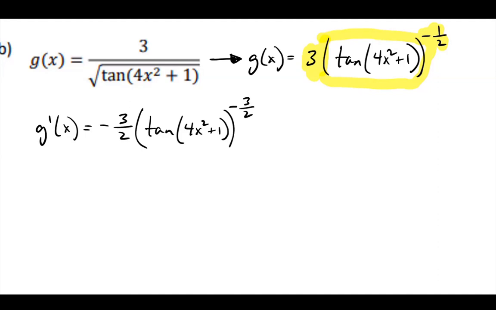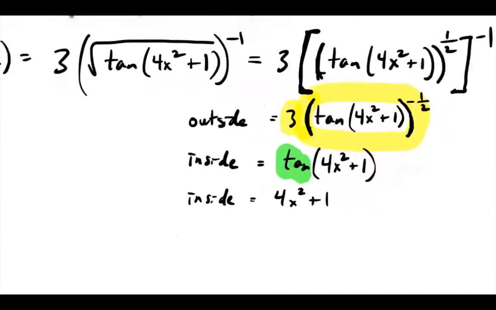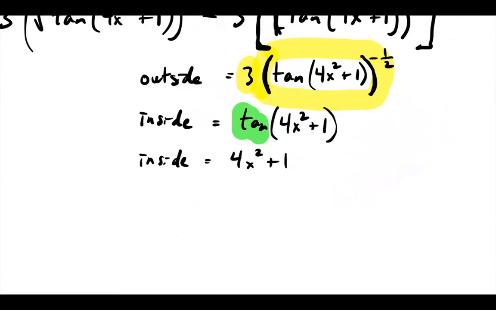Then we said the inside layer, or one layer inside of that, was just the tangent part, right? Just the tangent part. So what is the derivative of tangent? Secant squared.